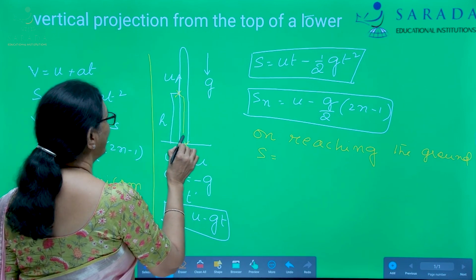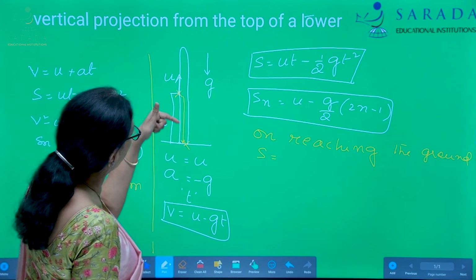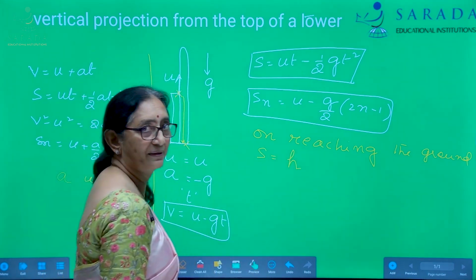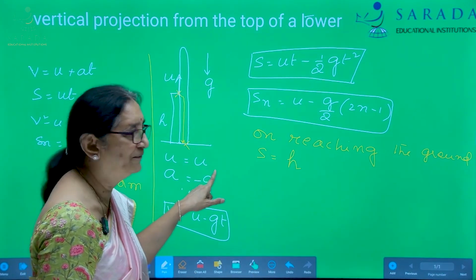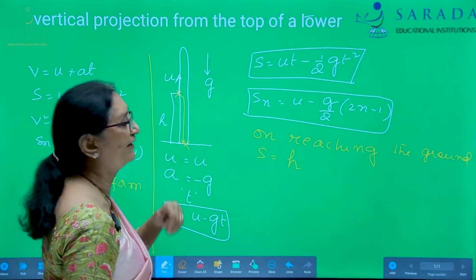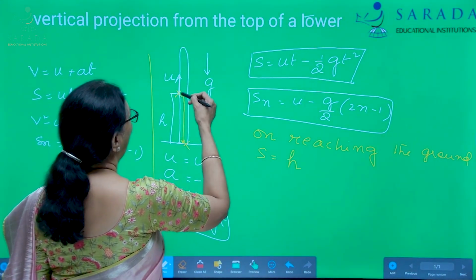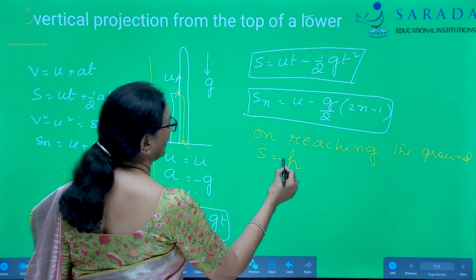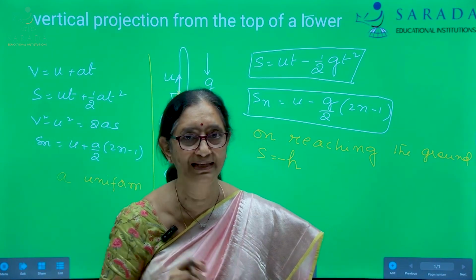So, the displacement of the body is the distance between the initial and final positions, which is nothing but the height of the tower. But the initial velocity is taken as positive, and any direction opposite to it is taken as negative. Here the displacement is downward, so it is negative, that is s = minus h.